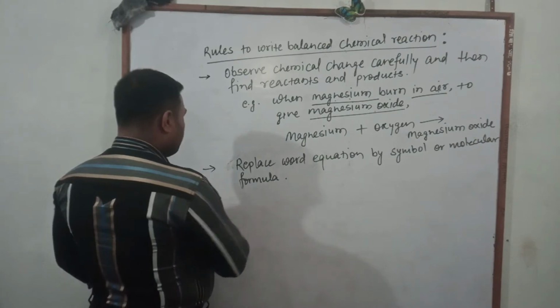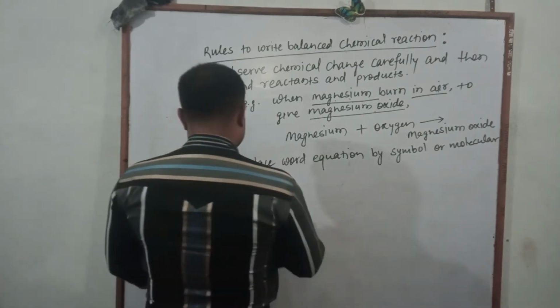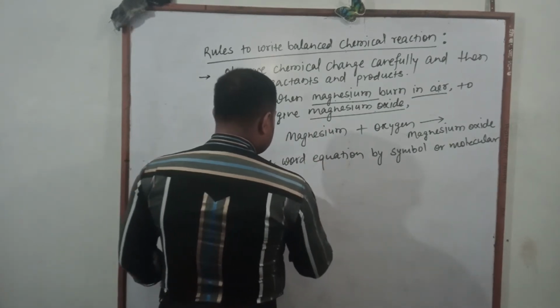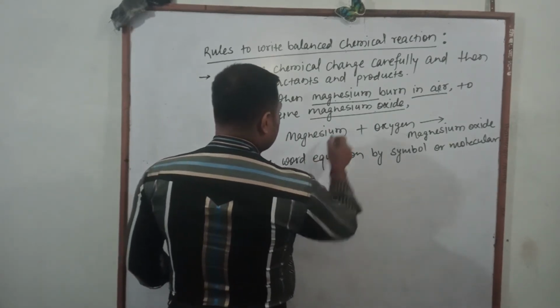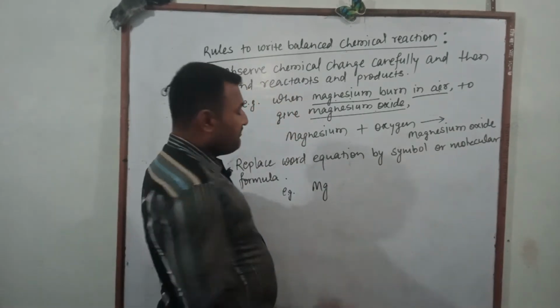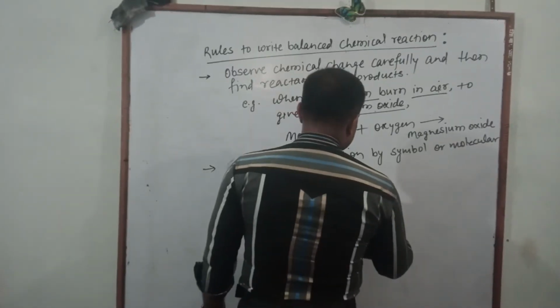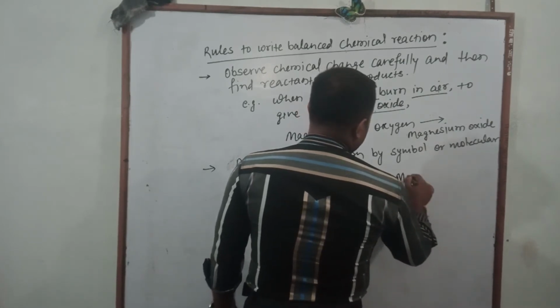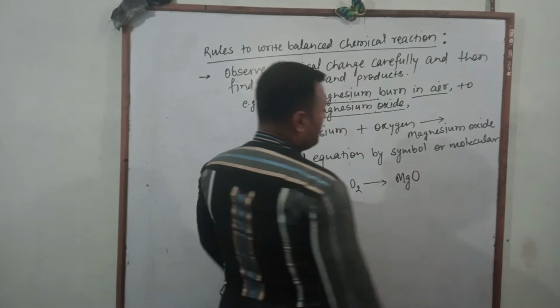This is the third rule. For example, in the above word equation, magnesium is represented by Mg, oxygen by O2, and magnesium oxide by MgO.